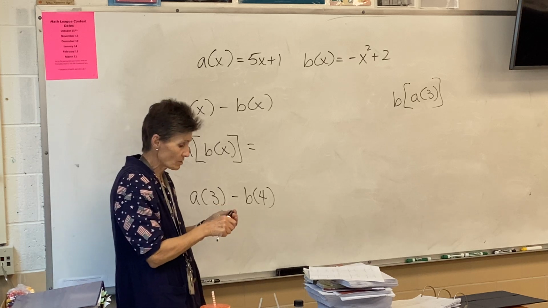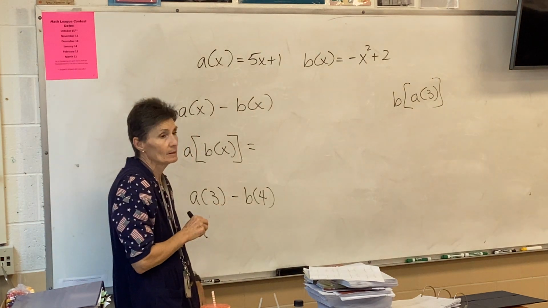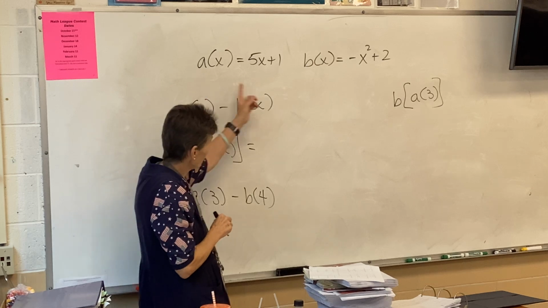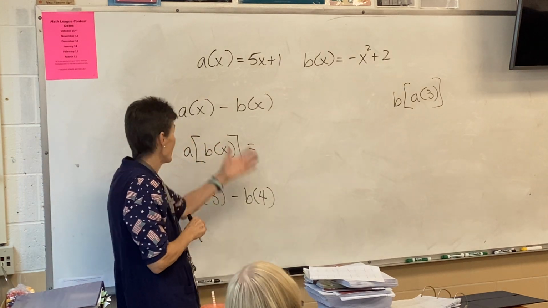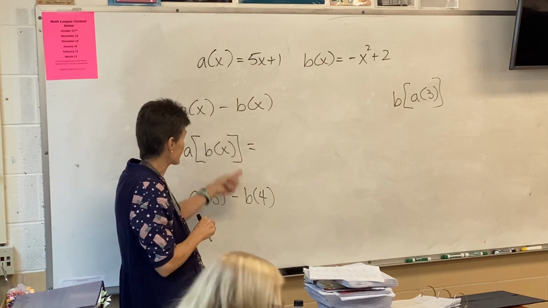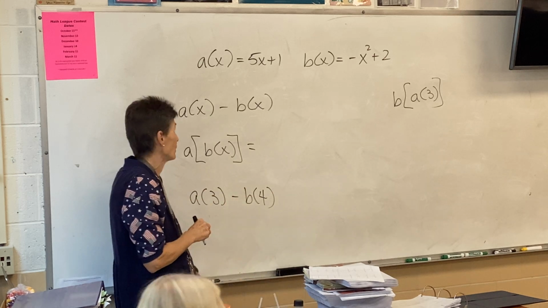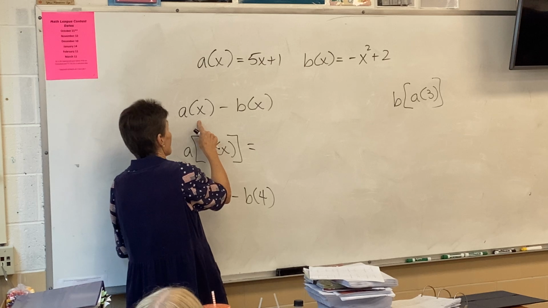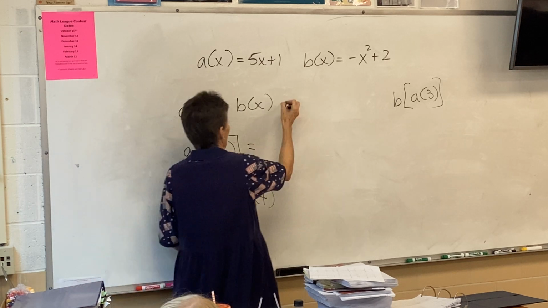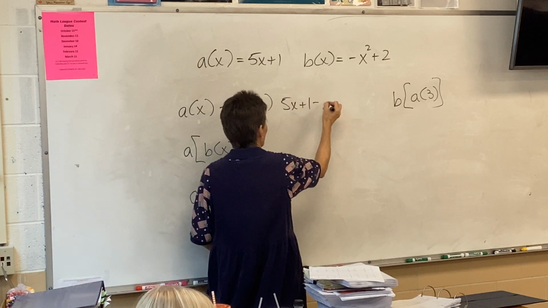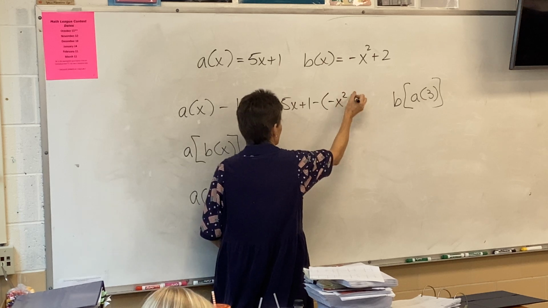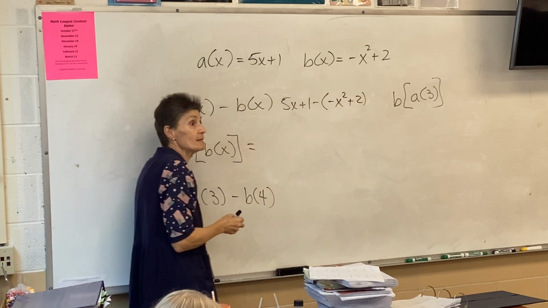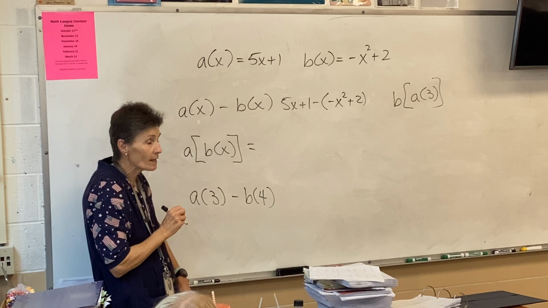Because this is what's going to happen on your test. I'm going to give you a couple functions. I'm going to ask you random questions. I'm not going to ask these exact questions, but they're going to be these kind of questions. So what does this say? What's this telling me to do? So 5x plus 1 minus negative x squared plus 2. It's easy to get carried away.